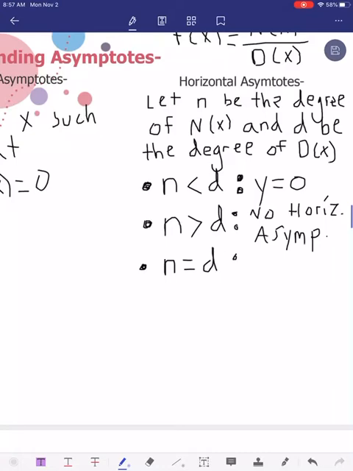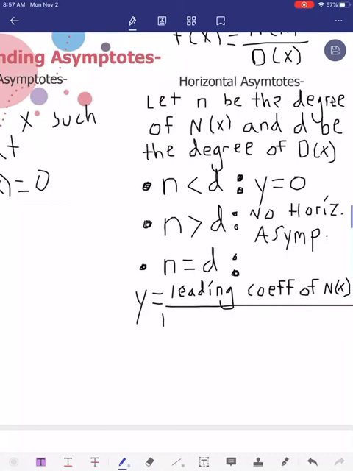So what we do for that one, remember, because it's horizontal, it's going to be y equals the leading coefficient of n of x divided by the leading coefficient of d of x.